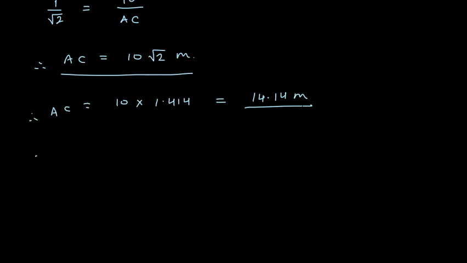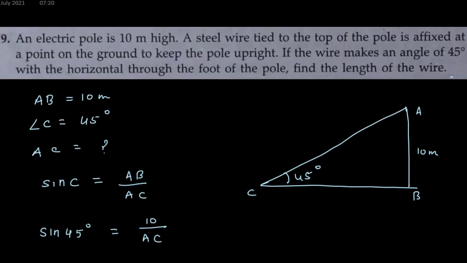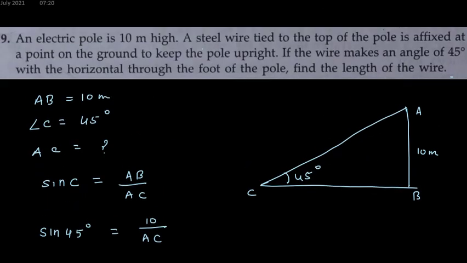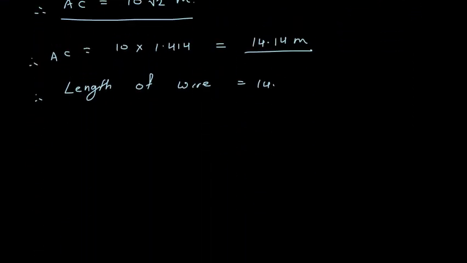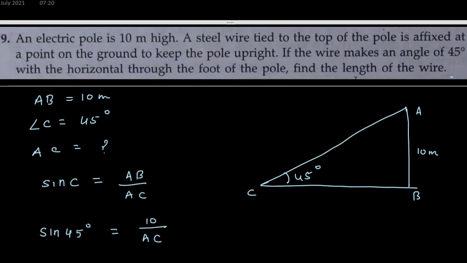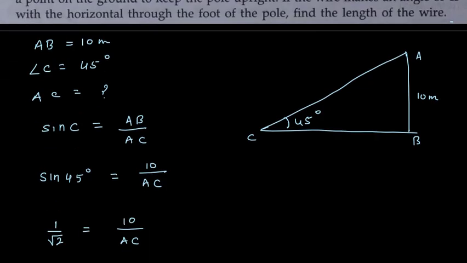In the problem, they only said find the length of the wire. So the length of the wire is 14.14 meter. This is the required length. So this is the ninth problem.